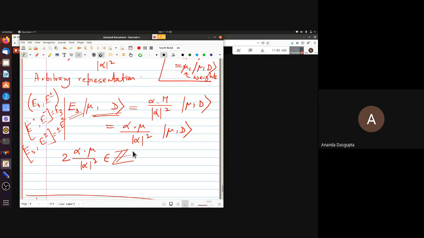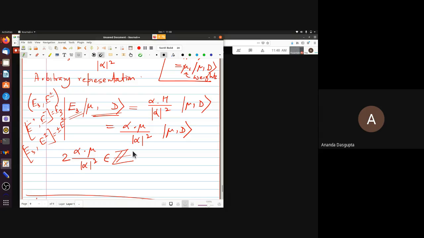Look, E3 is an operator, right? E3, E plus, E minus has a definite commutation relation. And that commutation relation immediately tells you that in any finite dimensional vector space, the only possible E3 eigenvalues are half integers. Why?